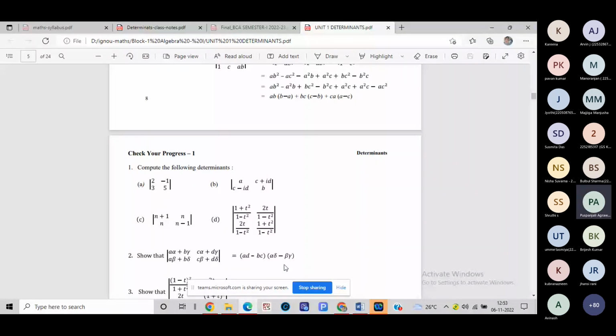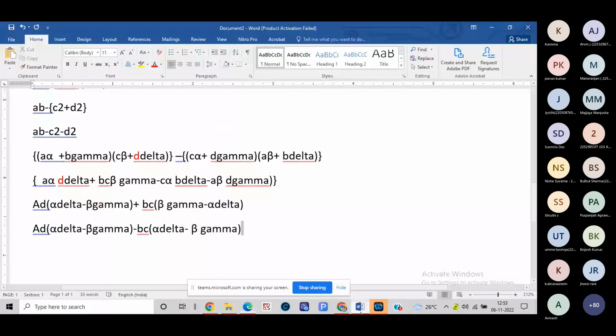I'm getting the same thing. See, you take the common factor AD minus BC. That's BC, multiplied by these two terms. Both are common, right? In both sides. Yes, if you multiply these two things, we can write it as one. Finally, you got the answer. Same. Yes? Yes, ma'am.